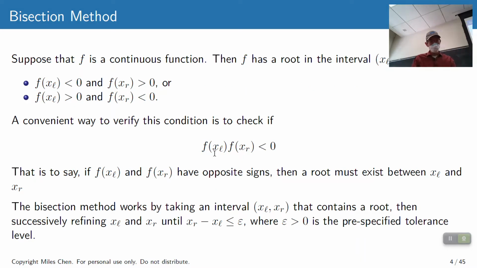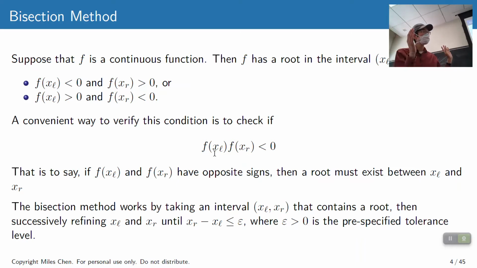So for bisection method to work, the rules are your function has to be continuous. And you start off with some interval, and it's blocked by the camera there, but you've got x on the left-hand side, x on the right-hand side. And what we're going to say is that the function on the left-hand side and the function on the right-hand side have to have opposite values.